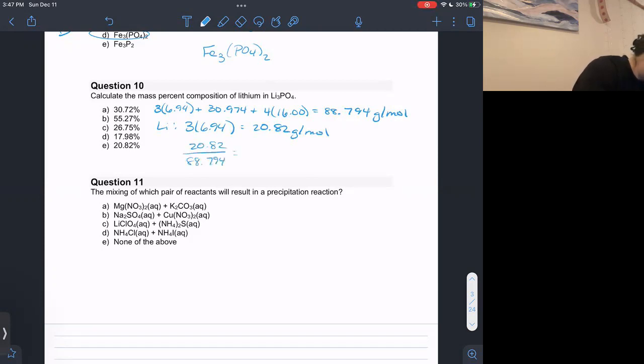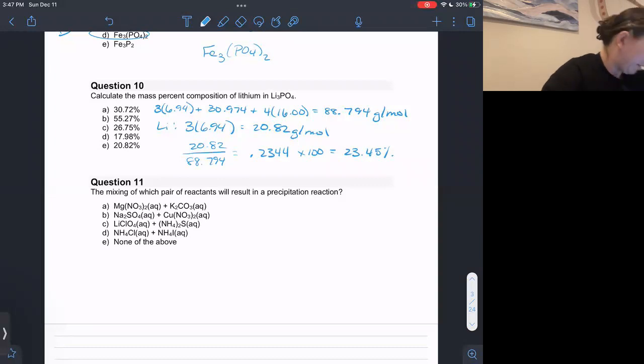So if I divide 20.82 by 88.794, then I get 0.2344. That would be times 100, take it to percent, and that's 23. Okay, I don't see that.